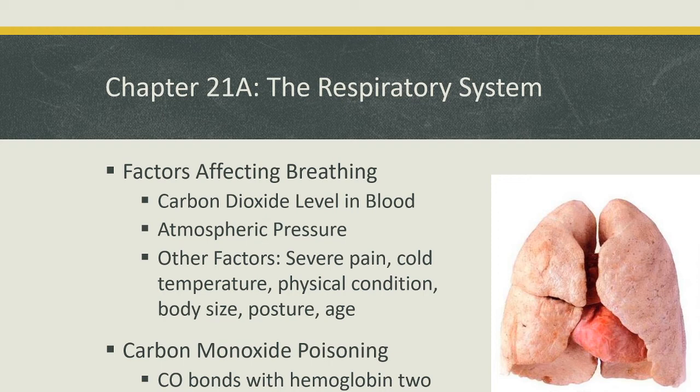Remember earlier we said that when you inhale, you increase the size of your lungs and the atmospheric pressure pushes more air into your lungs. Well, if there's less atmospheric pressure, then less air gets pushed into your lungs. So it isn't a matter of less oxygen in the air, it's a matter of less air getting into your lungs when you inhale because the air outside is lower pressure.